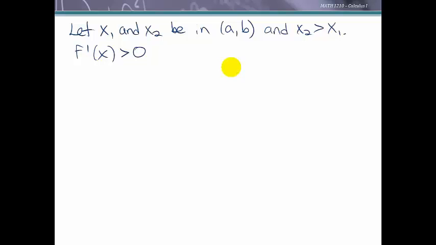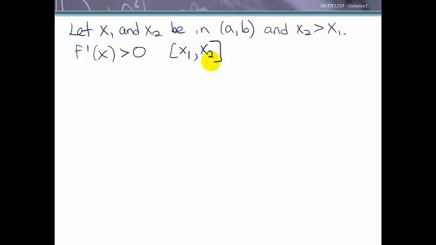And so if the derivative is greater than 0 for all points on this interval, then we know that it is differentiable for all points on the interval. Well, differentiability implies continuity, so if it's differentiable for all points, it is continuous for all points. So on the interval from x1 to x2, this function is continuous and it's differentiable on the open interval from x1 to x2.